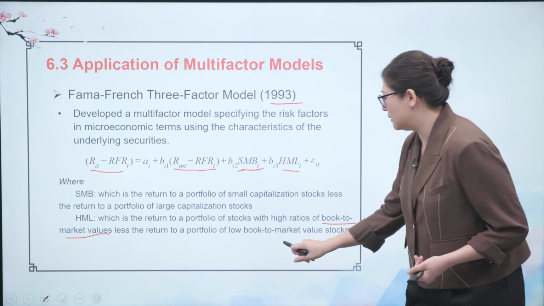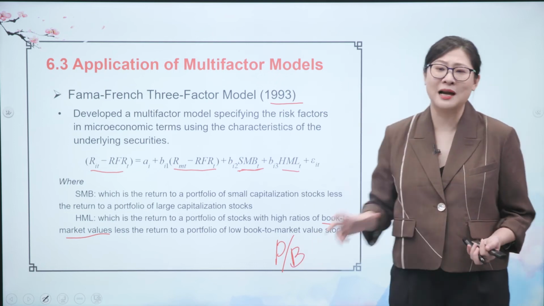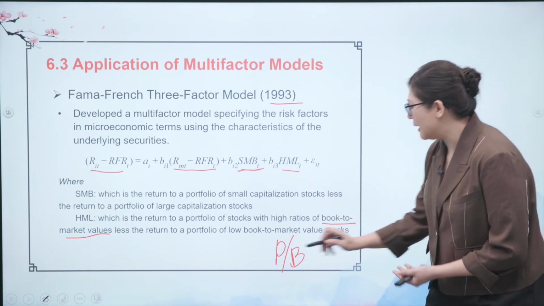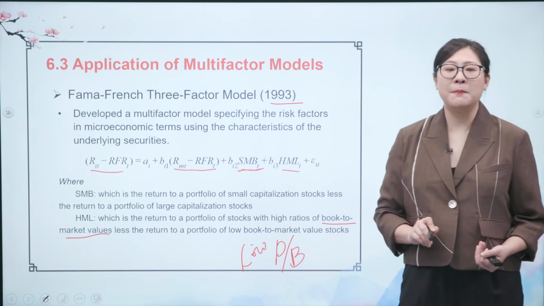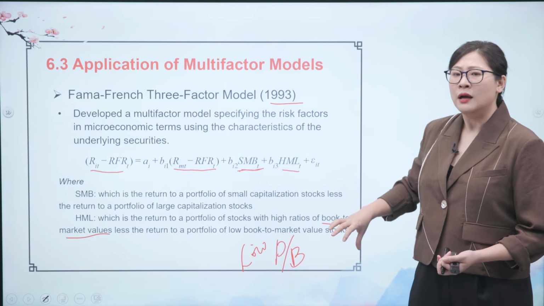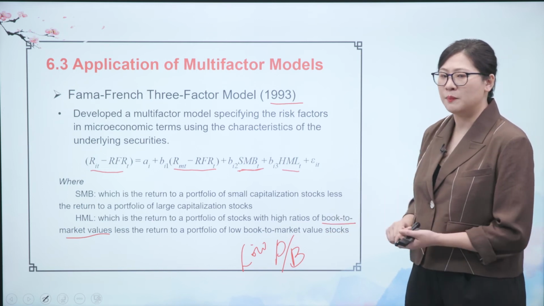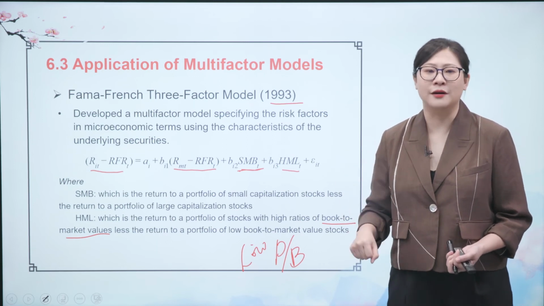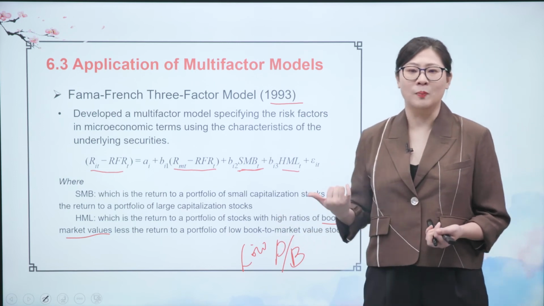It's not the same as the price to book value we mentioned, it's the opposite one. As I mentioned, a low PB ratio will have a higher expected return. So if we use the book to market ratio, a high book to market ratio will have a higher return. That's the reason why we use high minus low here.